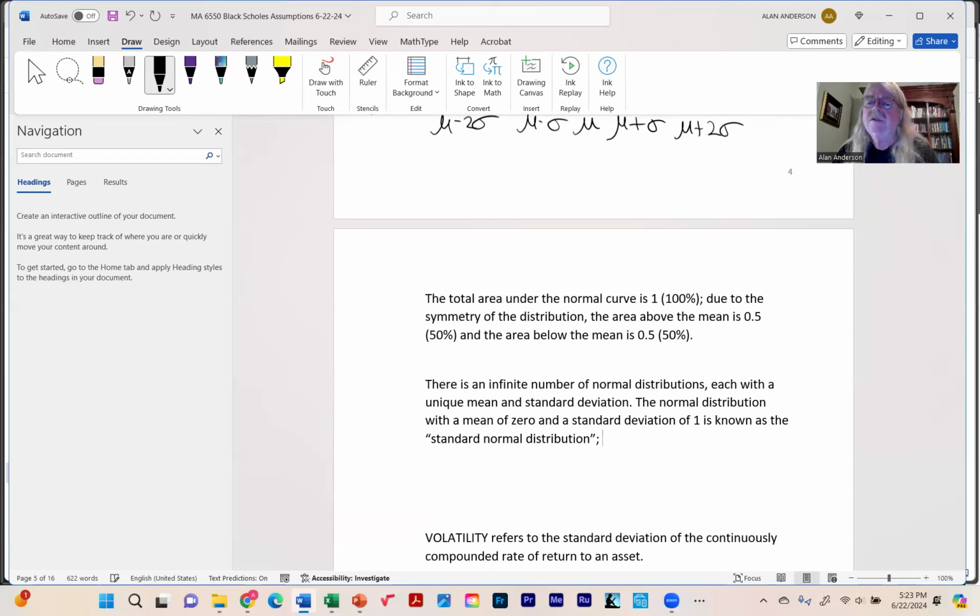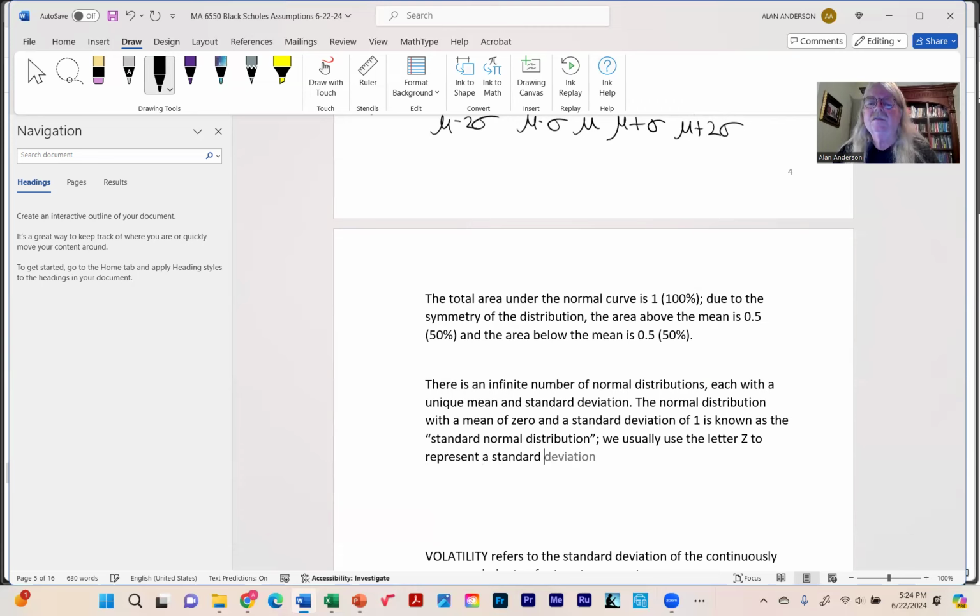Also, incidentally, we usually use the letter Z to represent a standard normal random variable, whereas the others are typically represented with an X. That's a point of notation you'll see as we go along, because in the Black-Scholes formula, we're actually using the standard normal distribution.